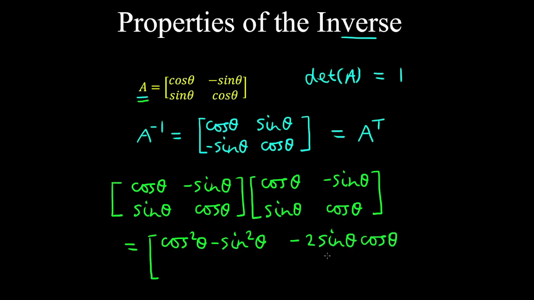And then we have sine theta cosine theta plus sine theta cosine theta, and minus sine squared theta plus cosine squared theta is cosine squared theta minus sine squared theta.